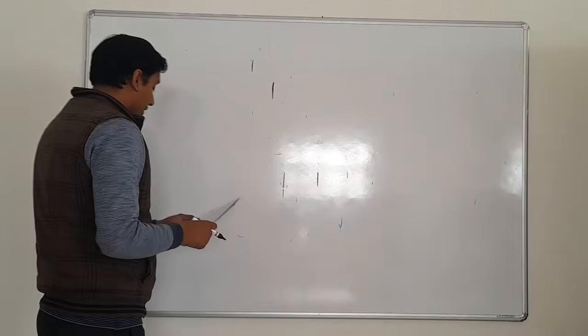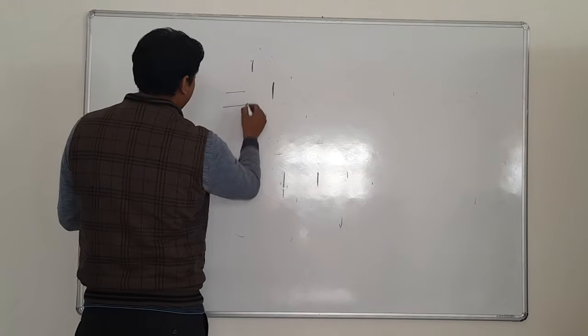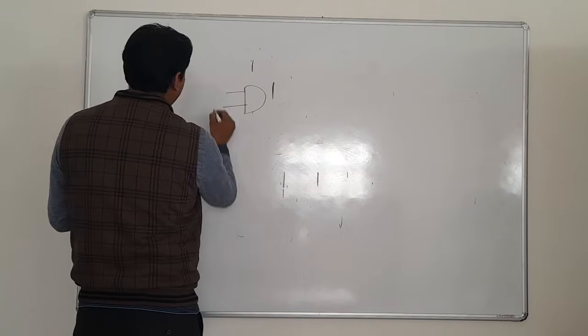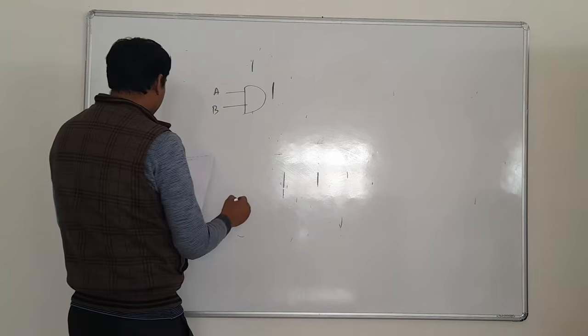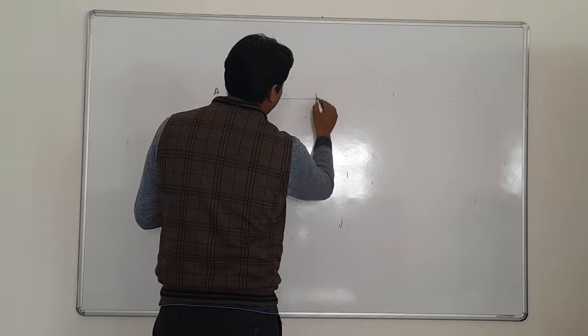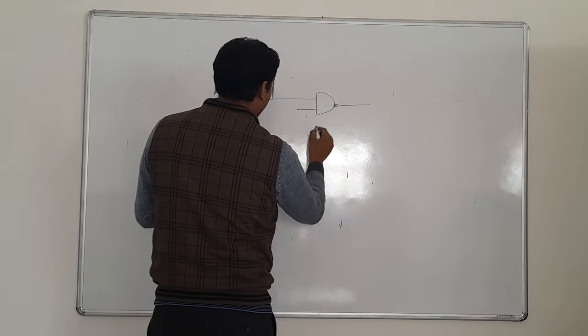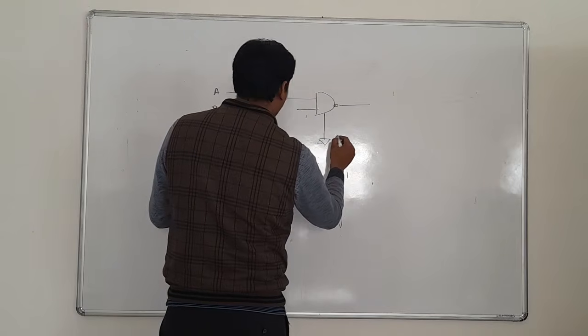Okay, so I'm drawing the circuit. This is my TTL. This is input, and this is NAND gate TTL. Again, I'm connecting one more. This particular is CMOS. This is another input, and this is grounded.